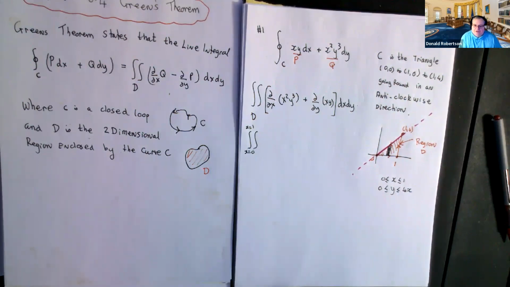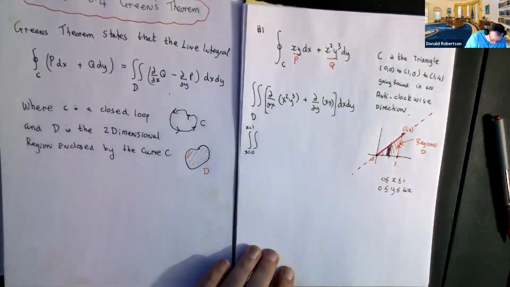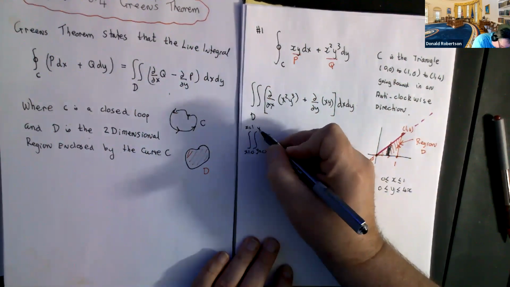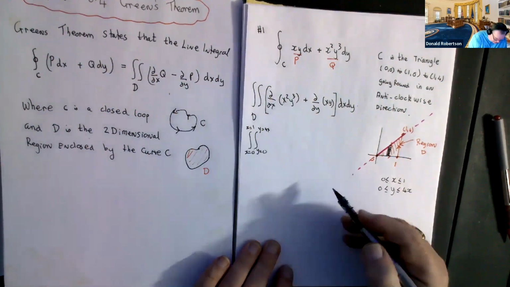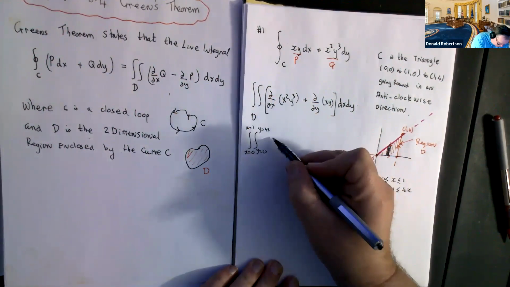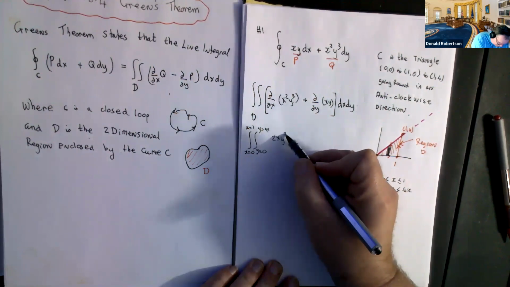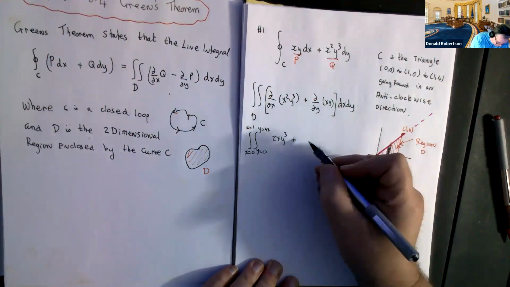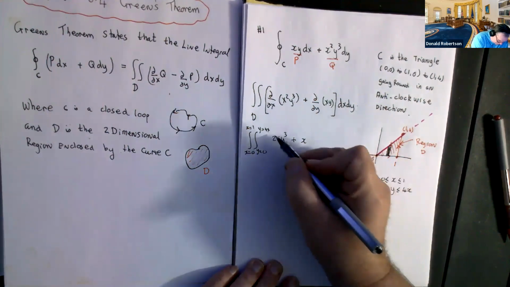It's good, right? So x goes from 0 to 1. Y goes from 0 to 4x. If you do the partial derivative of this term with respect to x, you get 2x y cubed plus the partial derivative of this with respect to y gets you x.